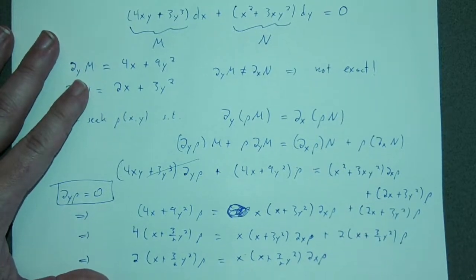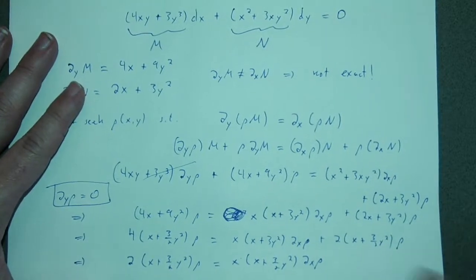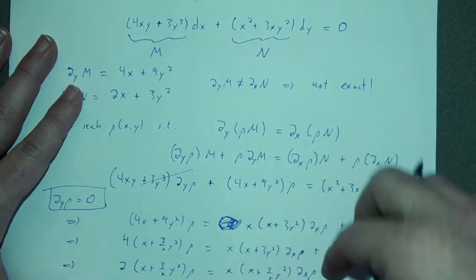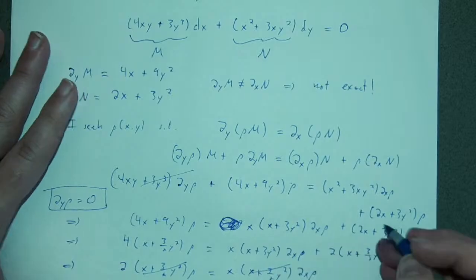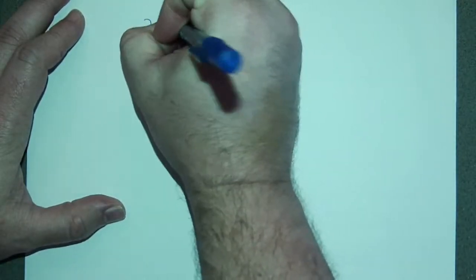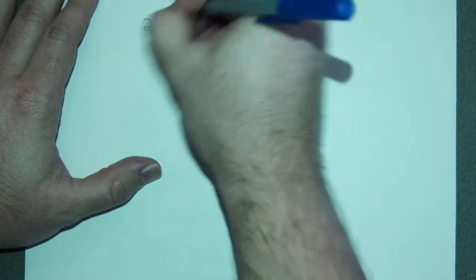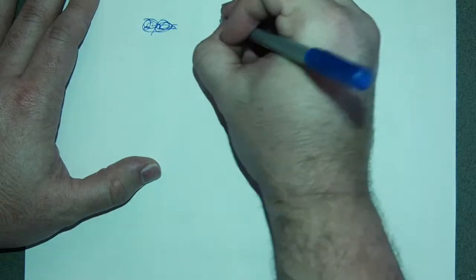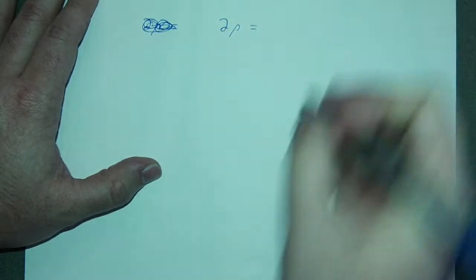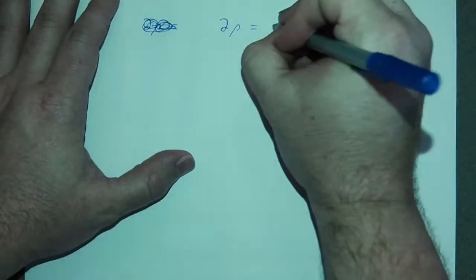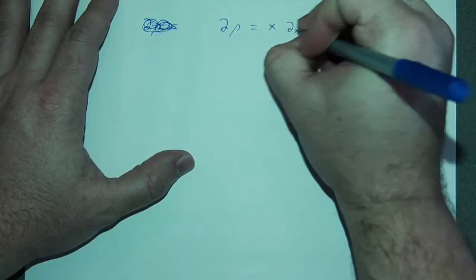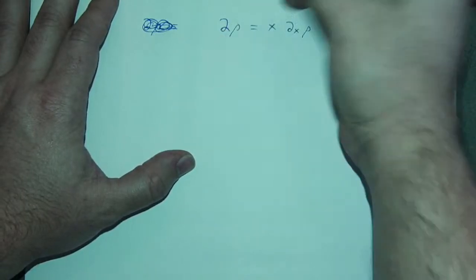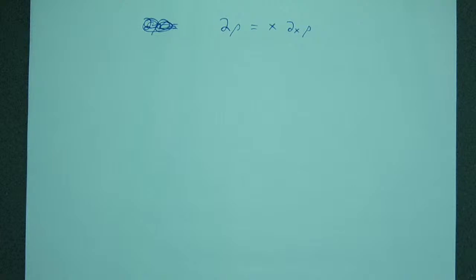And so what am I left with ultimately, since these cancel, I'm left with 2 rho is equal to x times the x partial of rho. That still looks like a del. I'm sorry, that's just how my 2's look. Okay.